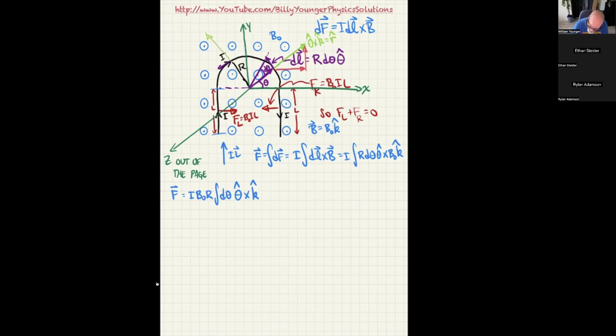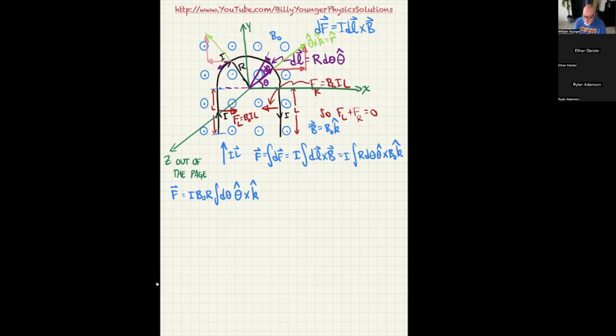Okay, but now you see that it's going to have a negative x component and a positive y component. So I think from the symmetry of all of this, you can tell that the x components are going to cancel out because I have a negative x component.